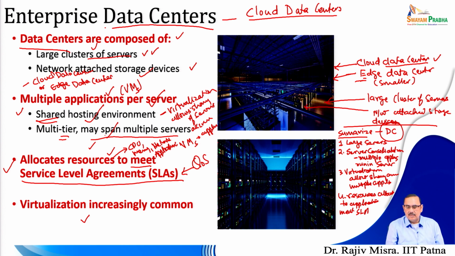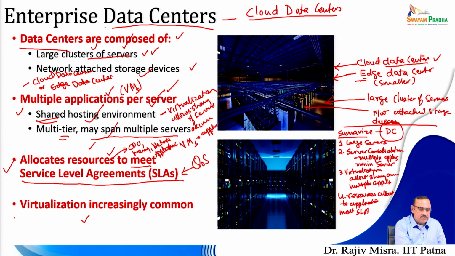So, the data center has a large number of servers and often network attached storage devices, that is one part. The other part is that multiple applications per server can execute, and this is called the shared hosting environment.